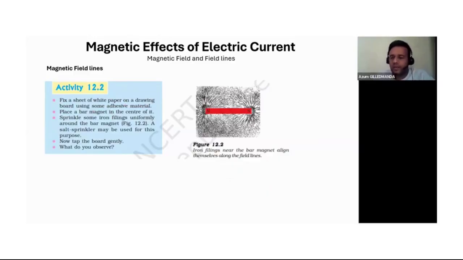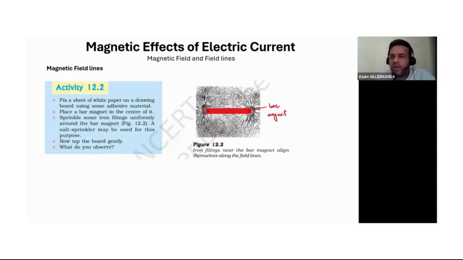On top of that, we are placing a bar magnet, which has both north and south poles. Place the bar magnet at the center of the sheet, then sprinkle some iron filings uniformly around the bar magnet.